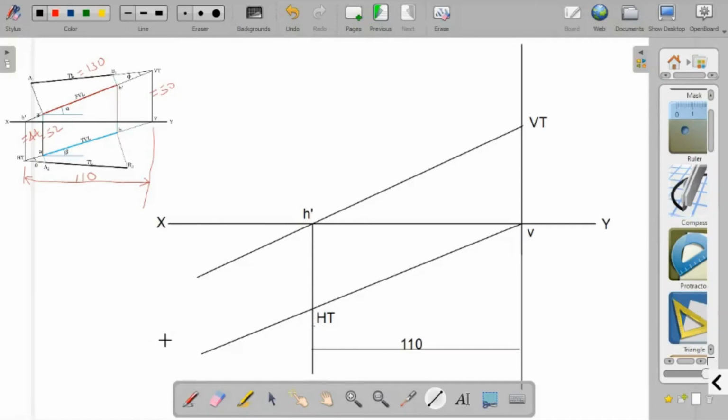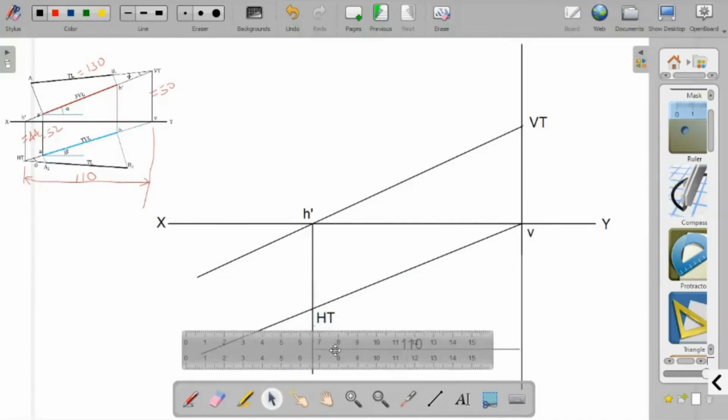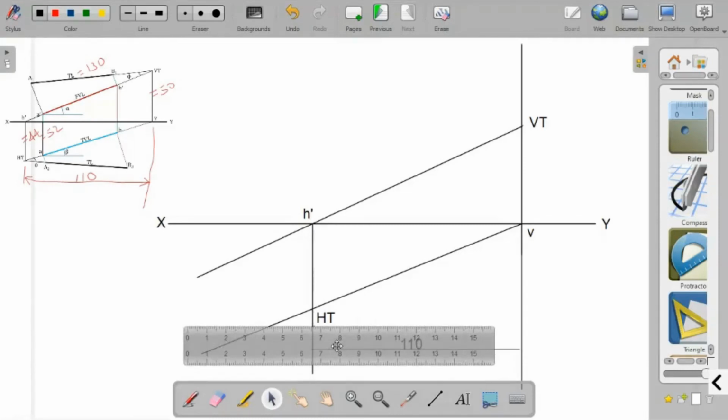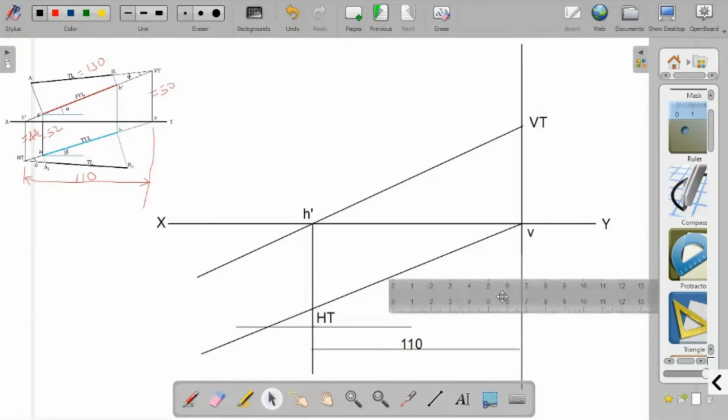So these two lines are drawn. Now in order to get point A at length 52 millimeter below, I have already marked that distance, so no need to mark it again. So I'm drawing it here. This is the line that is 52 millimeter below XY line. This is now point A.